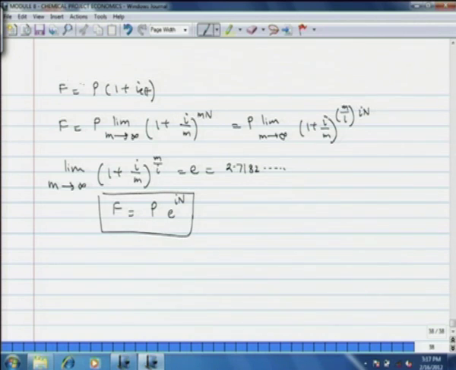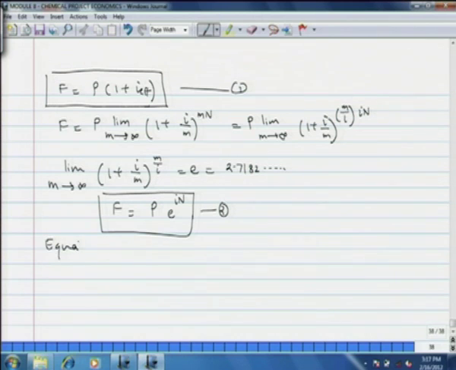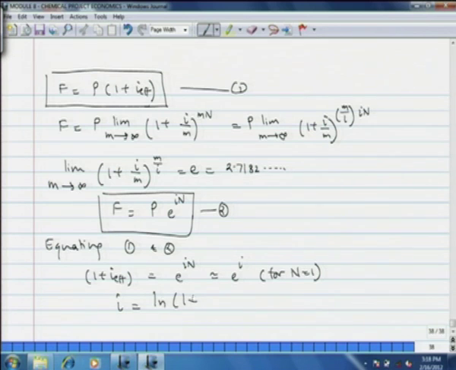And this we equate with the regular formula, equating again 1 and 2. We get 1 plus I effective is e to power I into n, or when n is 1 we get this, and then I is equal to ln (1 plus I effective).